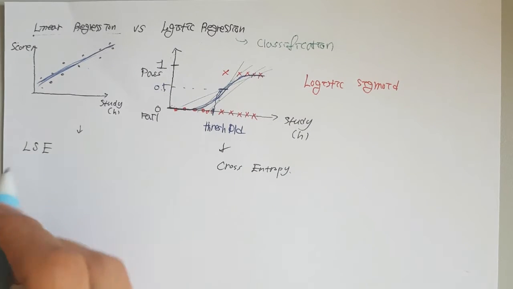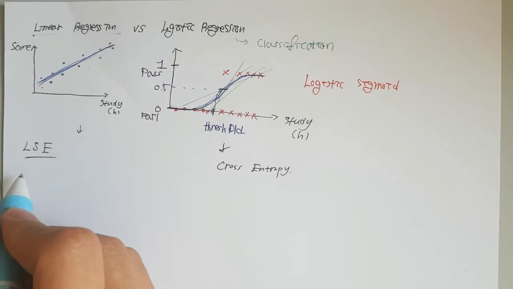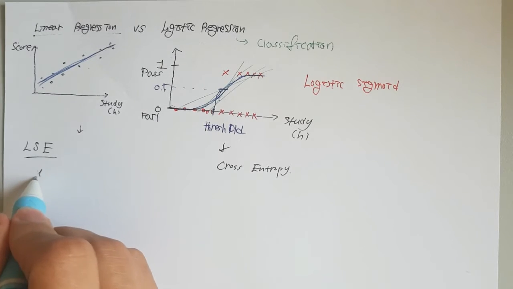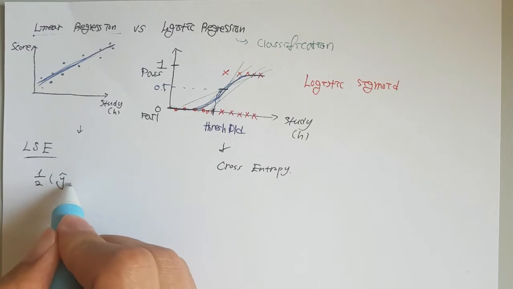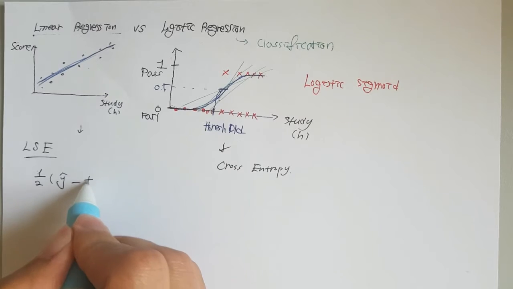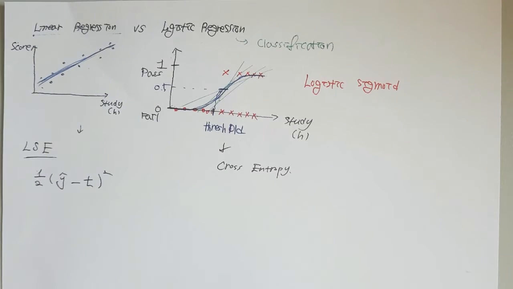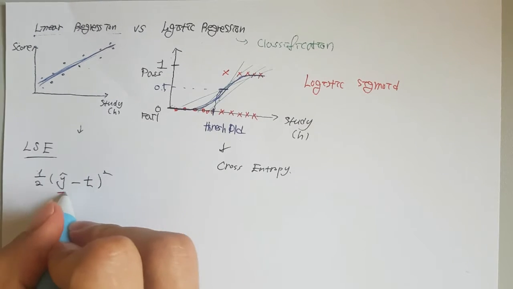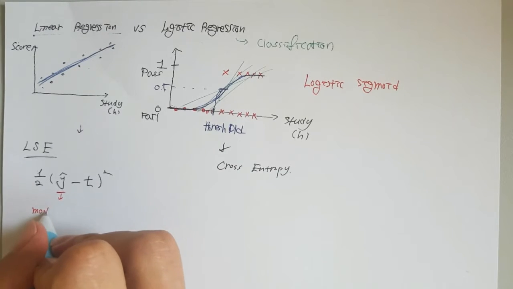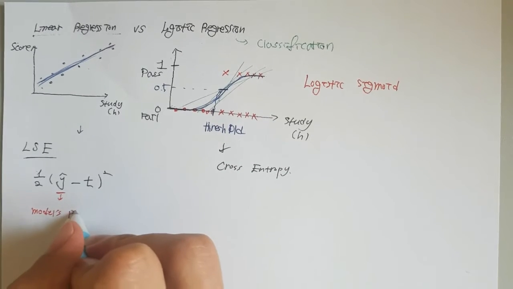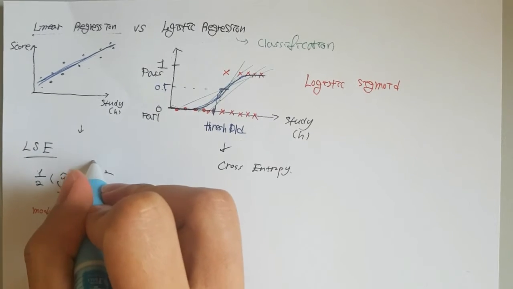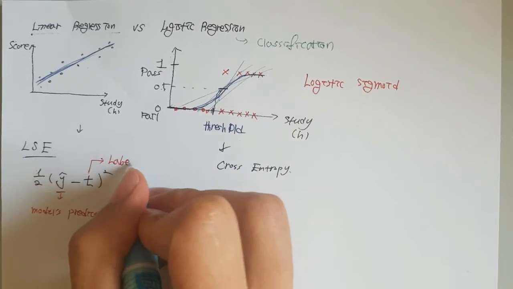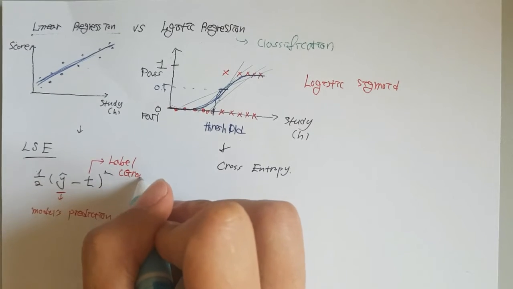Okay, so the shape of least square is like 1/2 (y prediction minus our target label) squared. So this is our model's prediction, and this is the label, so the ground truth.